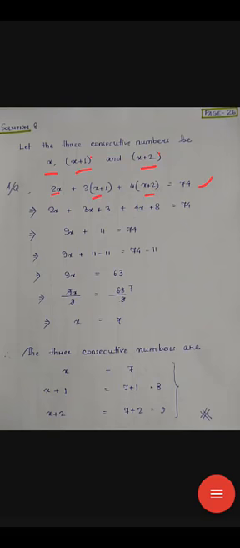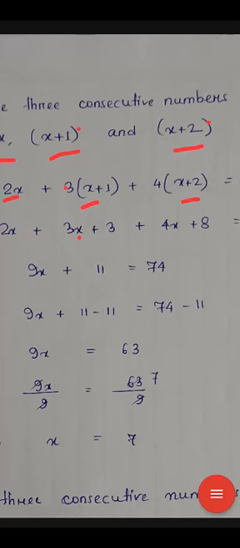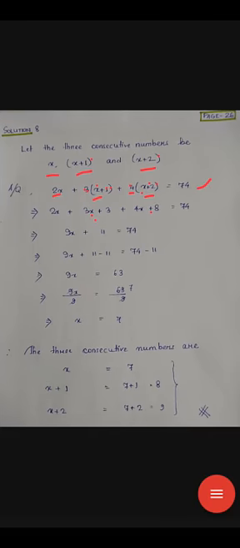While finding the sum, twice x remains, and this will become thrice x. That means partwise multiplication here. 3 into x will be equal to 3x, plus 3 into 1 is equal to 3. Then 4 into x is equal to 4x, followed by the plus sign, then 4 into 2 will be equal to 8, which is equal to 74, already present on the right hand side.